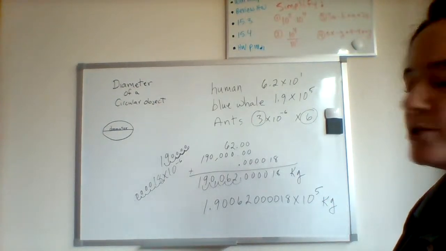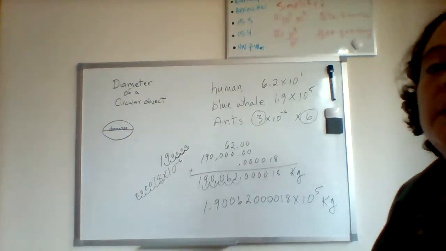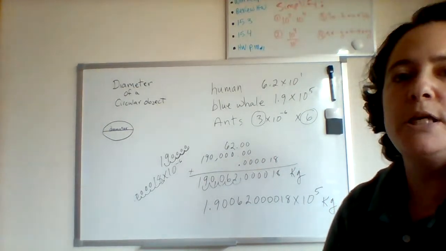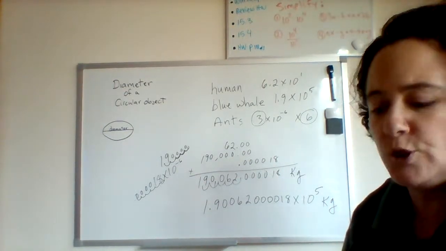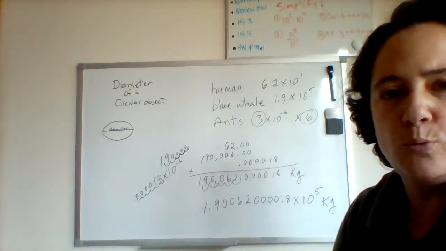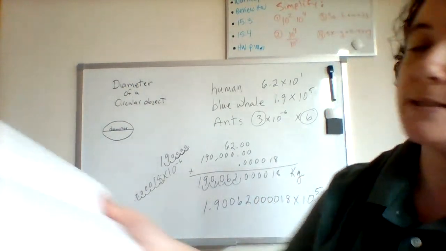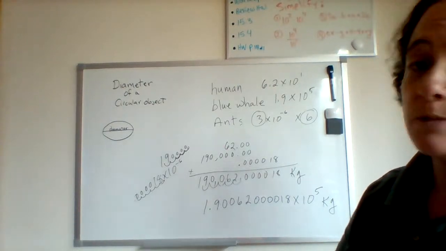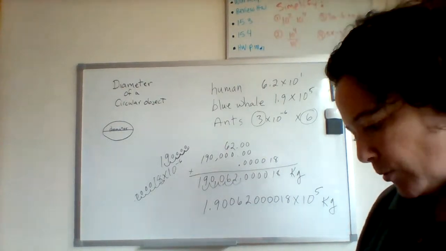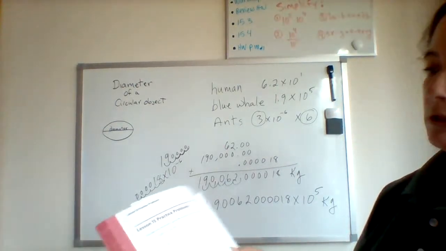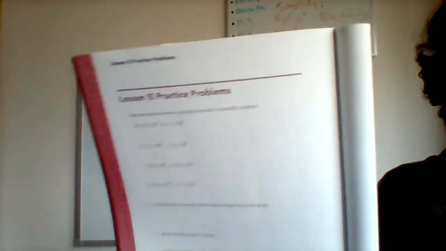Do you guys have any questions on anything related to scientific notation or your exponent rules, which you need both in order to do well? Then the homework assignment is from lesson 15 practice problems. It's page 118, number 1, and it looks just like that.